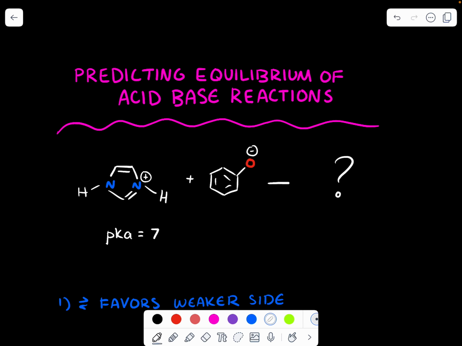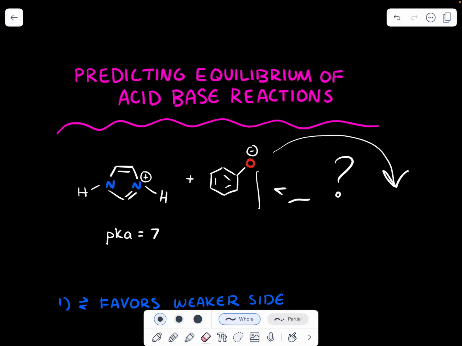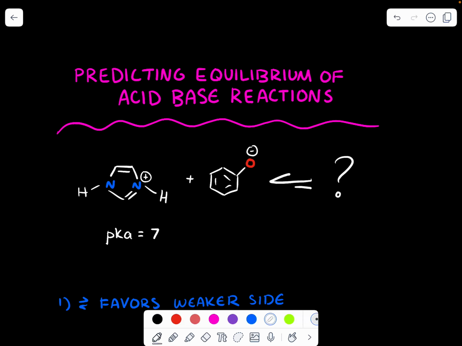Is the equilibrium favoring the product side, which would be represented by arrows like this? Or does equilibrium favor the reagents, where it would be depicted like this, where the larger arrow is pointed to where the reaction is favored? We don't know yet because we haven't done the question, so let's just leave it as regular equilibrium arrows.